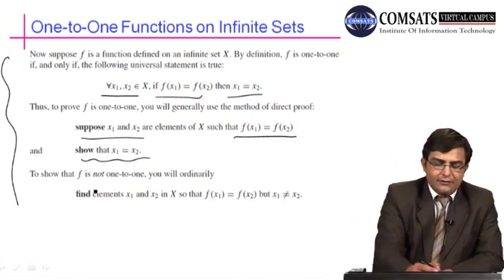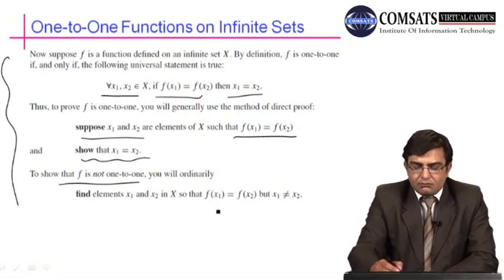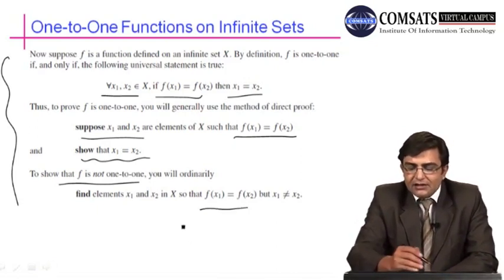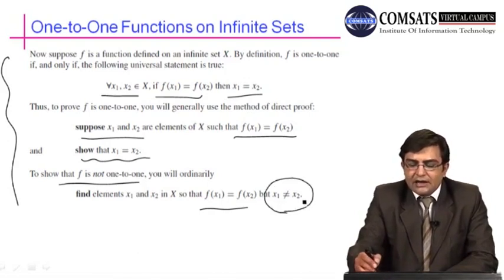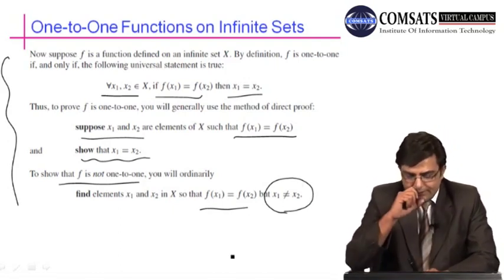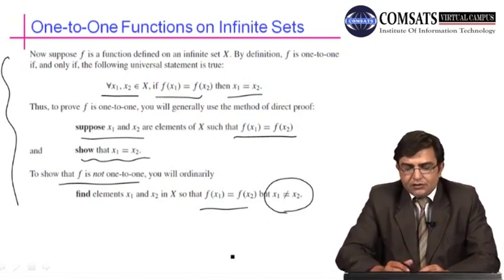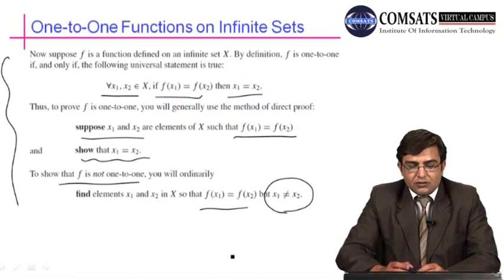And to show that f of x is not one-to-one, we take f of x1 equal to f of x2, and we show that x1 is not equal to x2, or we find some counter example to show it. Usually we find counter examples to show that a function is not one-to-one.